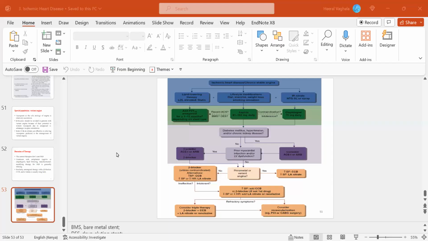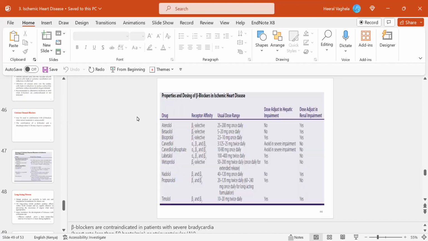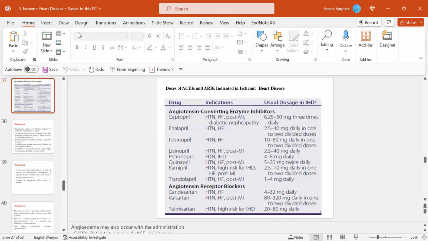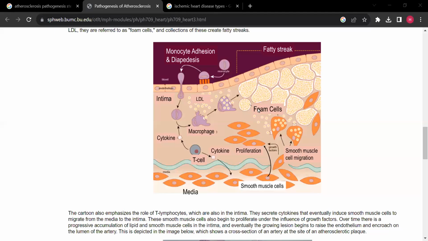Samiha is asking what the role of the smooth muscle cells is in the diagram you displayed previously. Okay, there's no particular role. It's just something that happens as part of the pathogenesis of atherosclerosis: these smooth muscles migrate from the tunica media to the tunica intima, and they become part of that fatty streak.